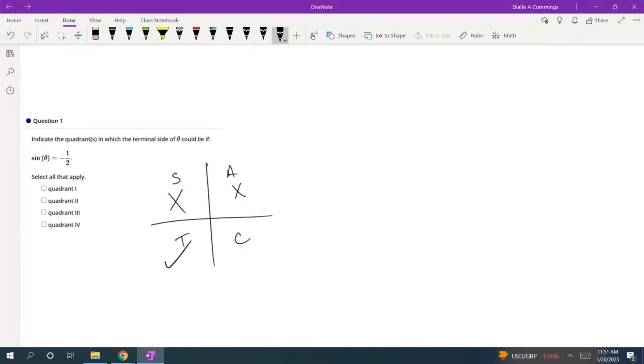So a negative sine value could be found in the third quadrant. In the fourth quadrant, only the cosine and its reciprocal, the secant, are positive. All of the other 4 values, including sine, are negative. So we can find negative sine values in the third and in the fourth quadrant.